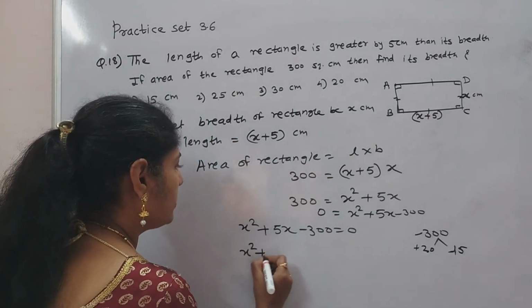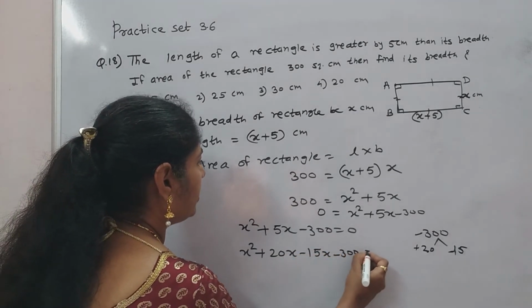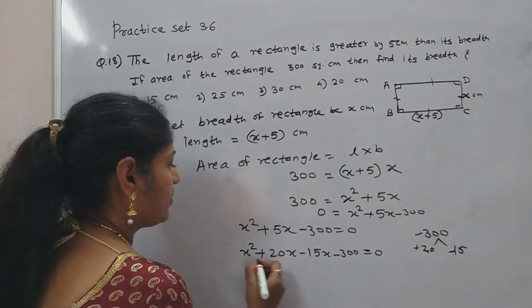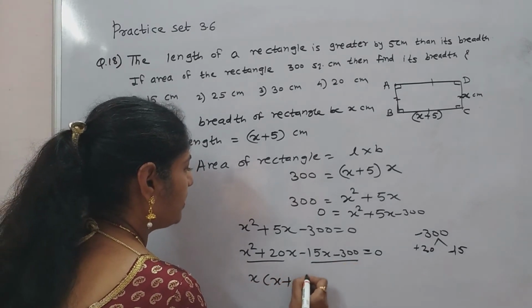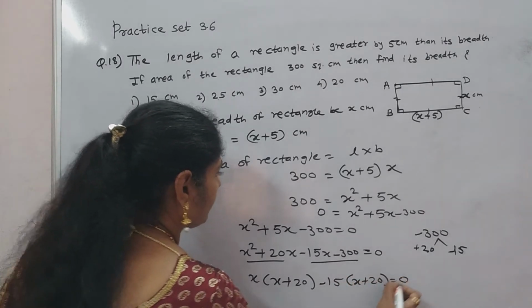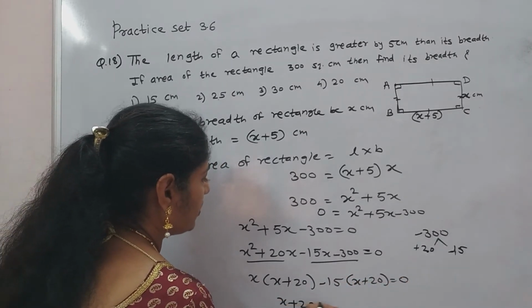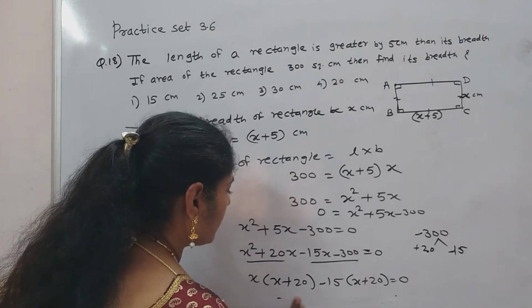So x square plus 20x minus 15x minus 300 equal to 0. Common x plus 20, common minus 15, x plus 20 equal to 0.